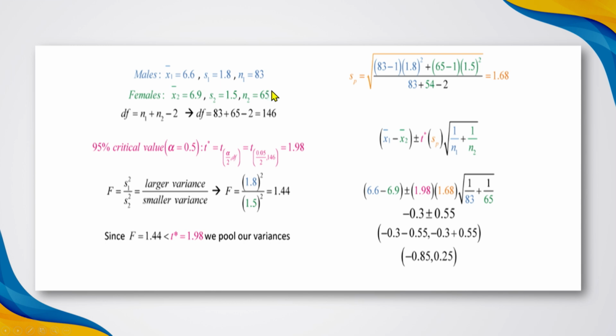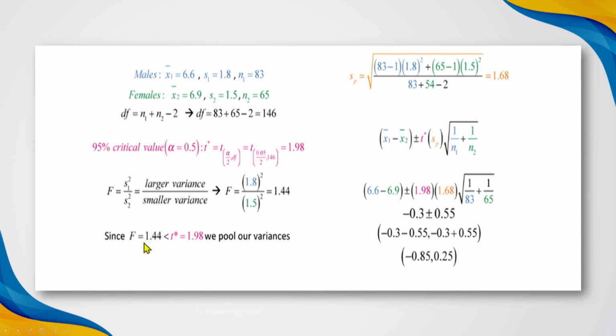From this information, we can find the degrees of freedom. It is equal to n1 plus n2 minus 2, which is equal to 146. Then we have the 95% critical value, at the level of alpha equal to 0.05, it is equal to 1.98 from the table value. Then we can find F equal to s1 square by s2 square, that is, larger variance divided by smaller variance, which gives the value 1.44.